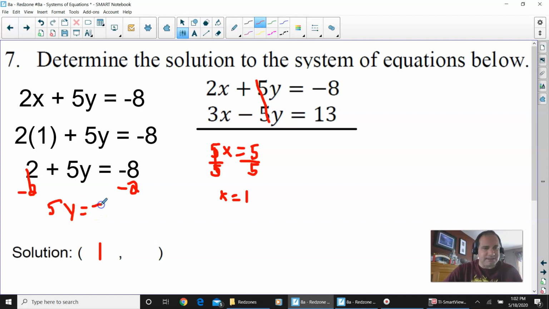And that's nice. Isn't that nice? Oh, yeah. Right, so you divide by 5, and you divide by 5 on both sides. And guess what? The y equals negative 2. Y equals negative 2.